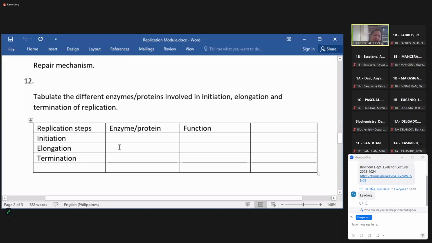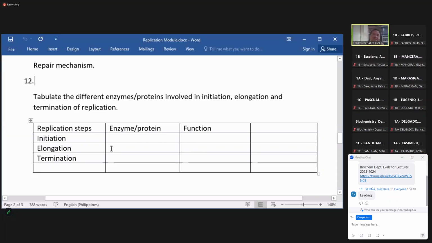Ano pa? Ano pang ibang enzyme? Topoisomerase to. Topoisomerase, okay. Function? Relieves torsional strain po, para matanggal po yung negative supercoils introduced into the DNA molecule. Okay.